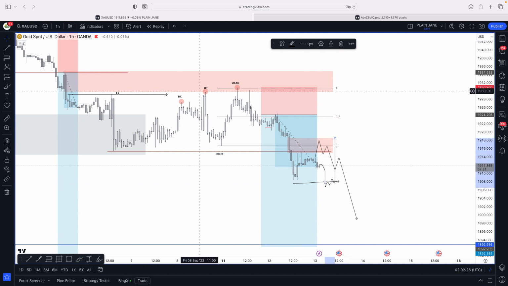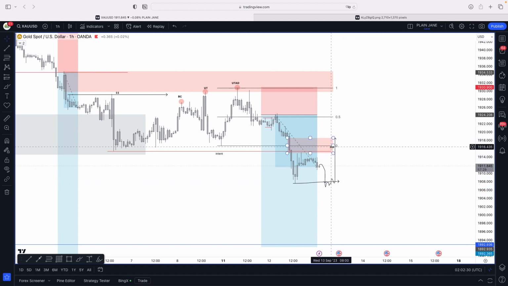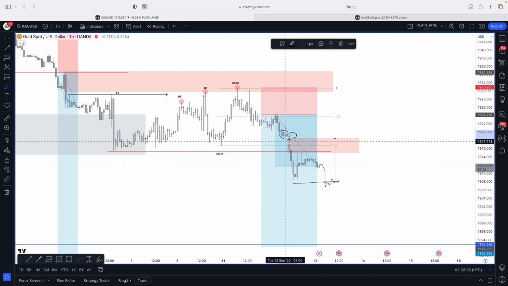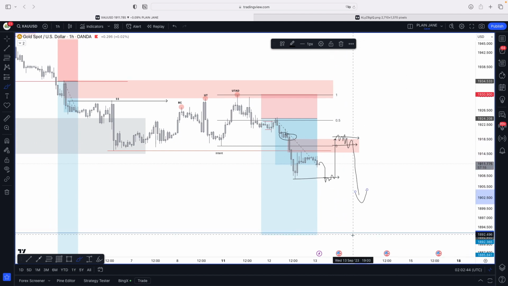Let me get rid of this, just to make it a little easier to understand. Push price back into this region, where I want to see price react from, and then from there I want to see an extreme push down, where I'll be looking for price to come into my swing target of 1892, potentially Wednesday, Thursday, or even Friday.